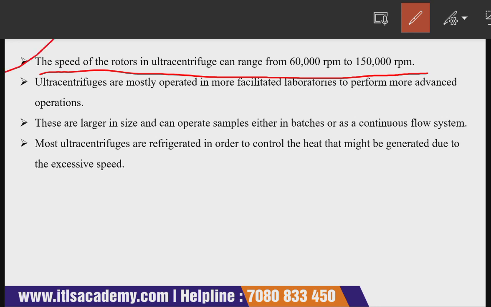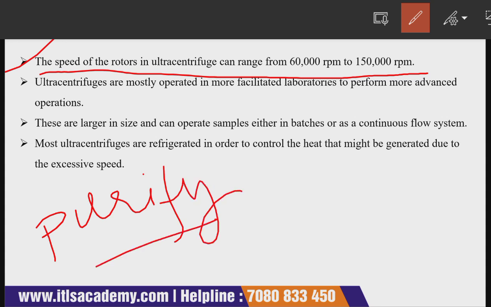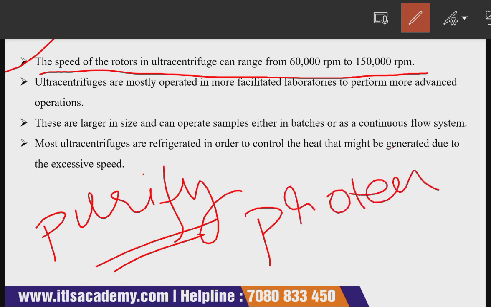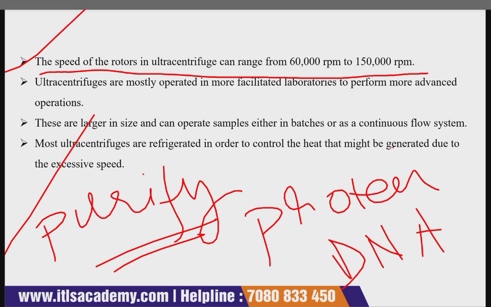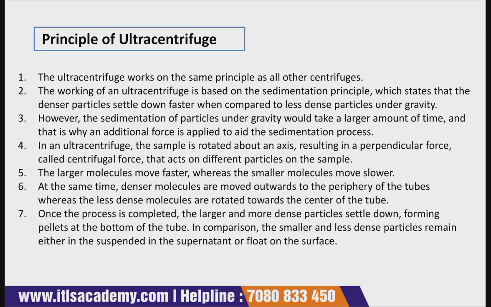Apart from this, if they ask you about its application, it is mainly used to purify different types of proteins, you can say proteins and DNA. It has a great application whenever purification is concerned, whenever you want to isolate any smaller molecule, right? So this is the definition of ultracentrifugation.